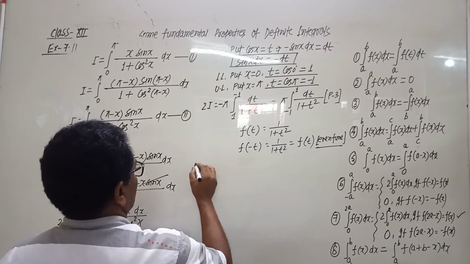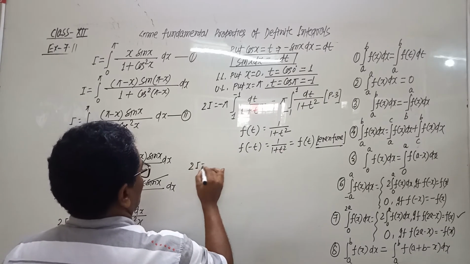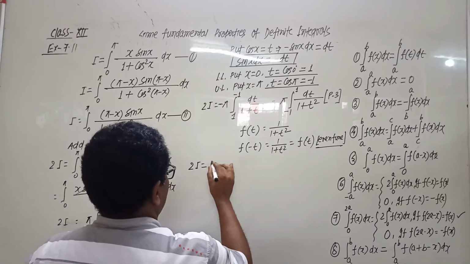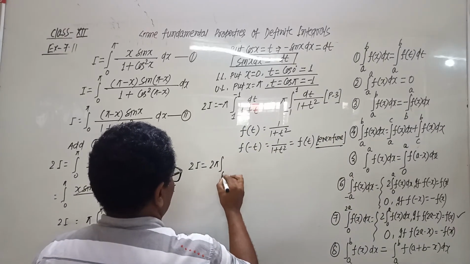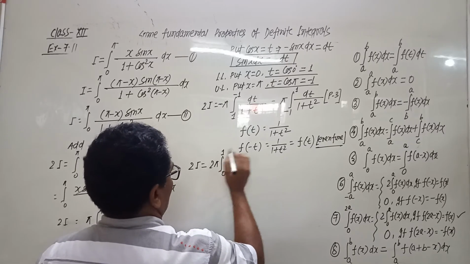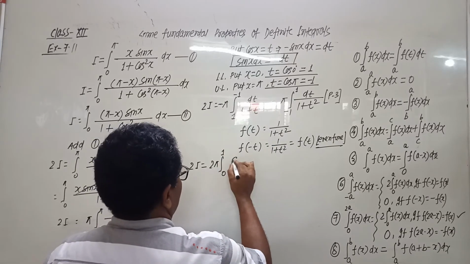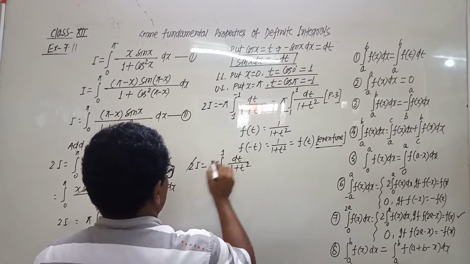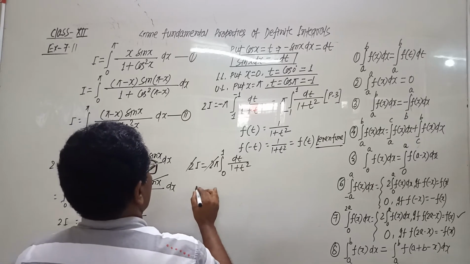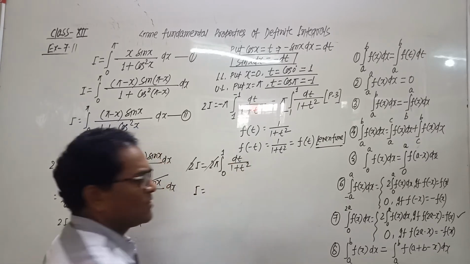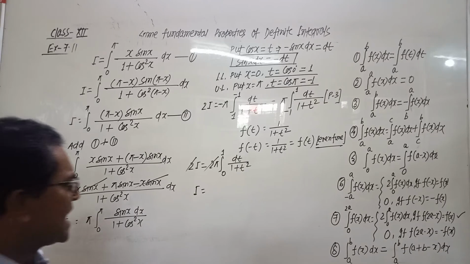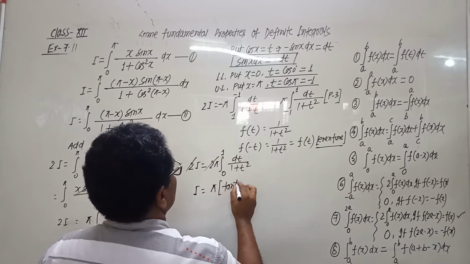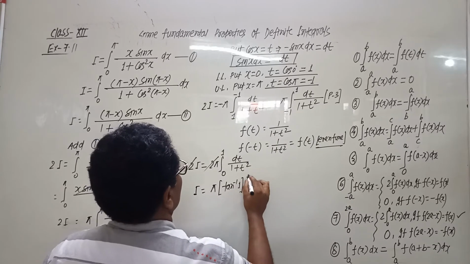So for even function, 2I equals to multiplied by 2, so 2 pi and integration limit from 0 to 1, dt upon 1 plus t square. 2 and 2 get cancelled. So I equals to pi, and integration of dt upon 1 plus t square is tan inverse t, with limit from 0 to 1.